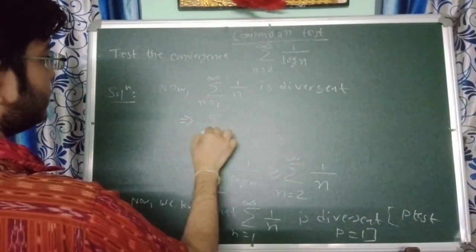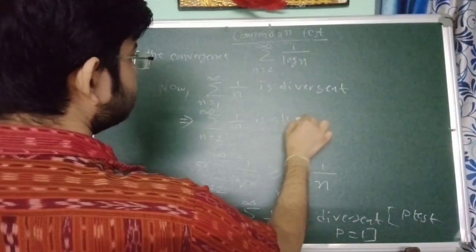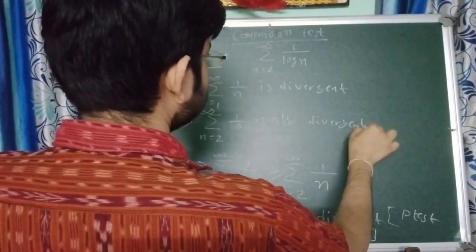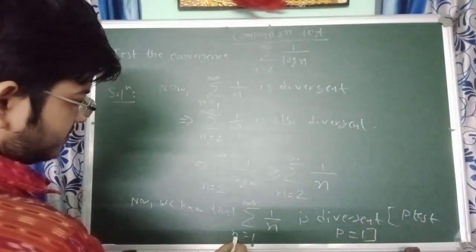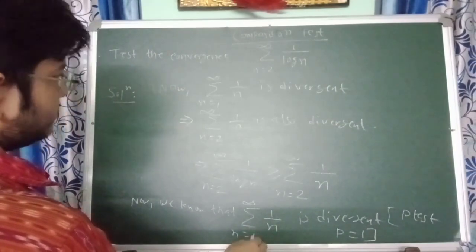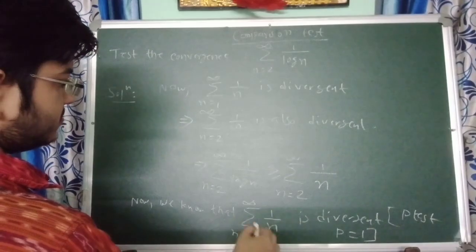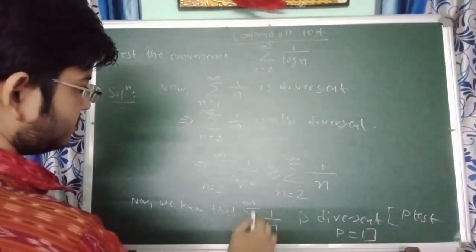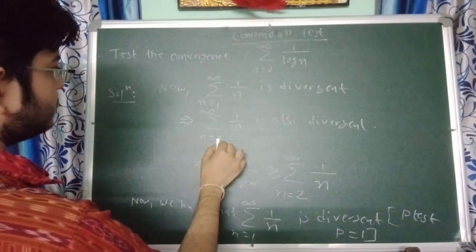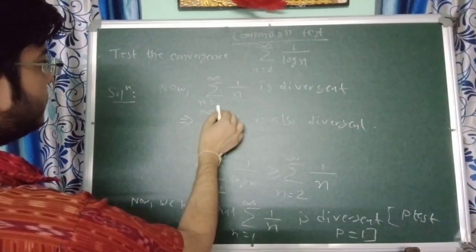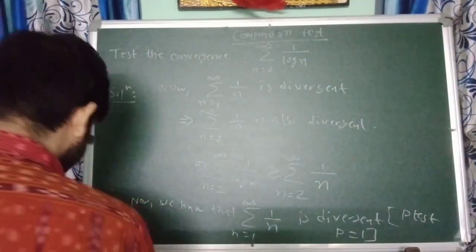From this one can say that summation n equals 2 to infinity 1 by n is also divergent. This is the minor change. Here you notice that the value of n starts from 1 and here the value of n starts from 2. Altogether the series summation n starting from 1 to infinity 1 by n is divergent. So if we start from 2, that is, when n equals 1 we remove this part, then this part is also divergent.